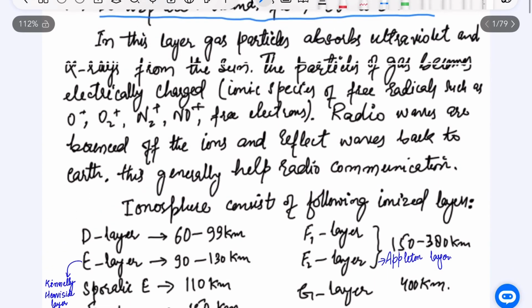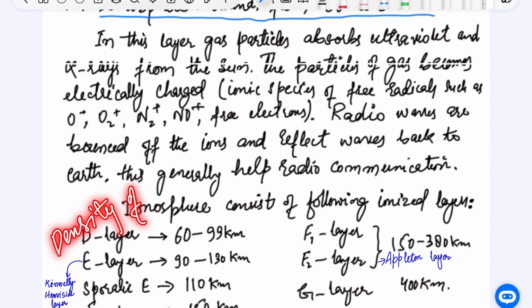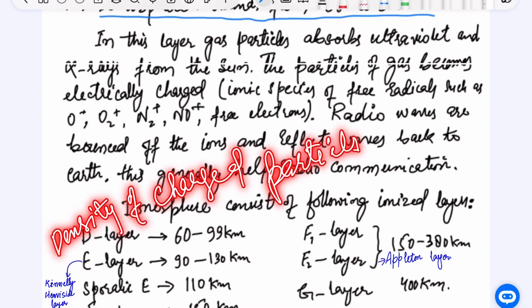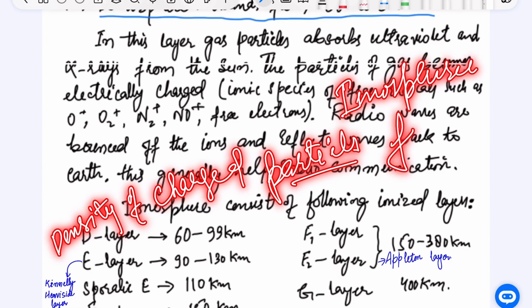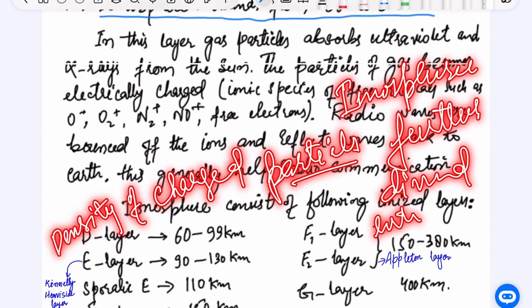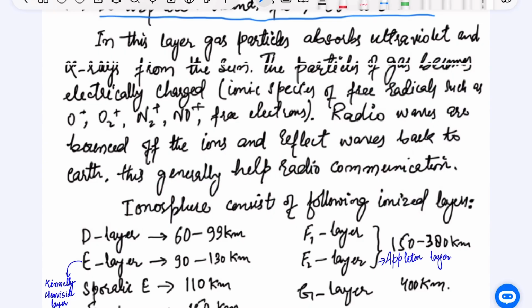So based on the height and density of charged particles, this ionosphere is further divided into D layer, E layer, F layer and G layer.